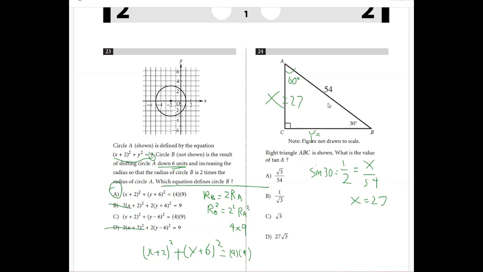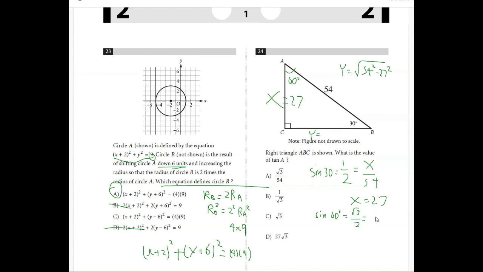And for y, you can use the Pythagorean theorem here. Do y is equal to square root of 54 squared minus 27 squared. Or here's what I did. I actually decided to get the sine of 60 here. Sine of 60 is equal to square root of 3 over 2.